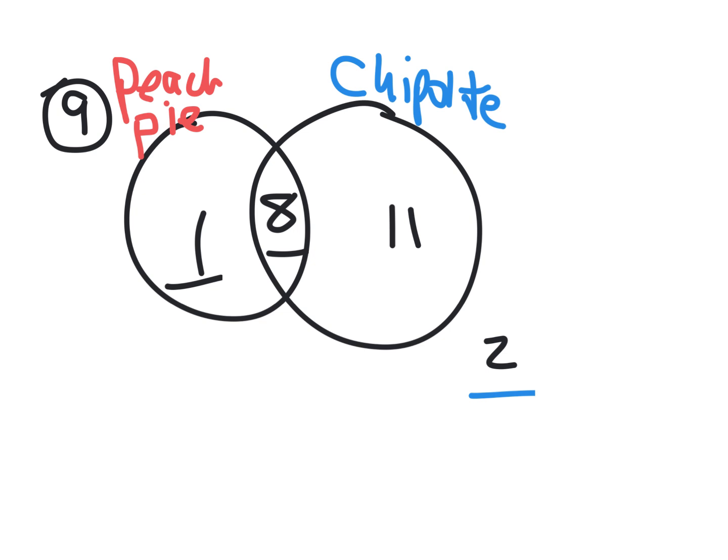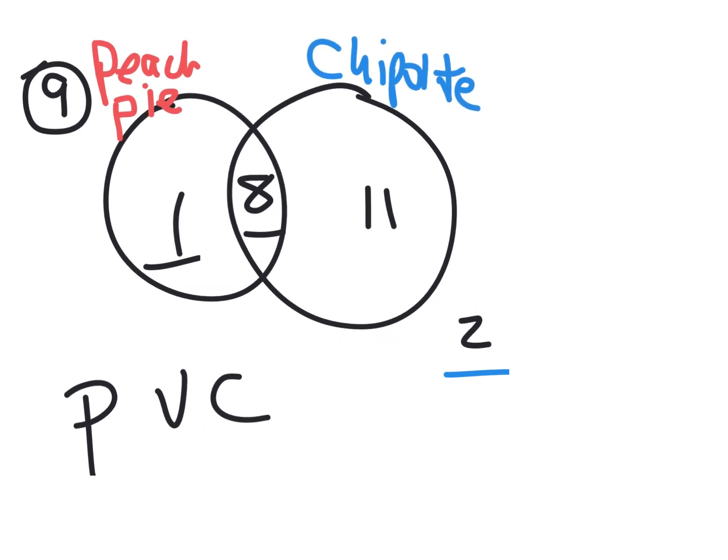Okay. Then, if I ask you, what's P-U-C? The first thing I want you to do is write down 2 words for the U. I gave you 2 words that U means. Do you remember them? I actually could have given you more, but at least 2. And what is the Peach Union Chipotle?